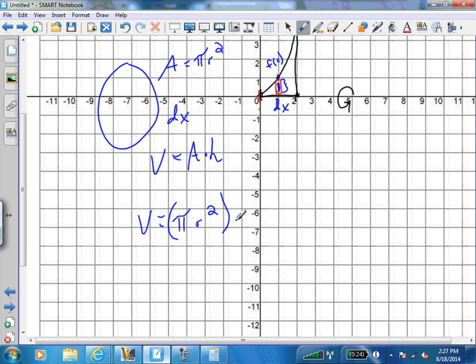The thickness is just dx. So the volume of that one disk is pi r squared dx. If we want the entire volume, we add all of those up, so we integrate from the left side to the right side of pi r squared.